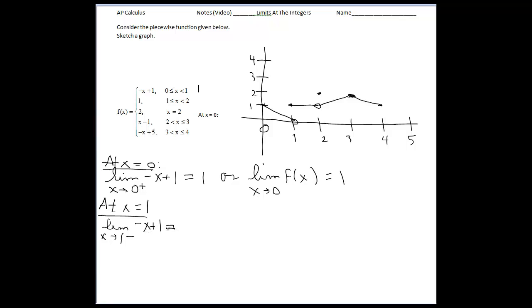But we want to try a direct substitution method first, so it would be good to put not f of x here, but the specific piece. To evaluate this as I approach 1 from the left, I can look at the graph and see that the y values are going into 0, or evaluate this piece at 1, and when you plug 1 in for x, you do get 0. Okay, so that's your left-hand limit.